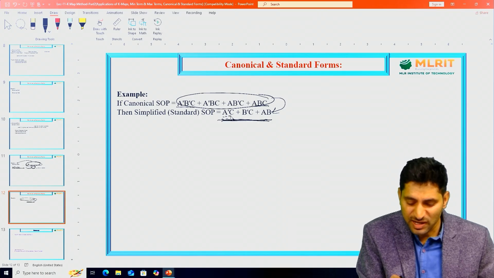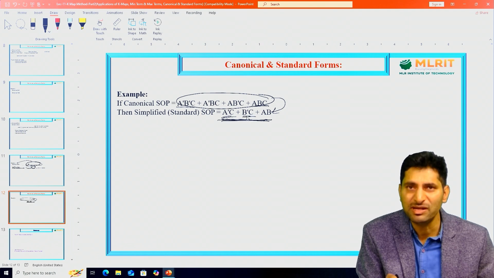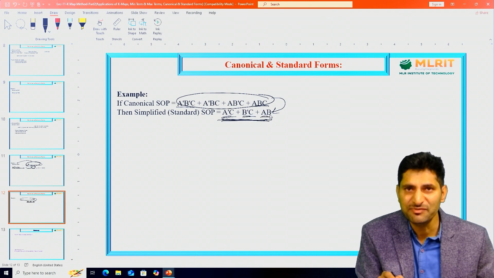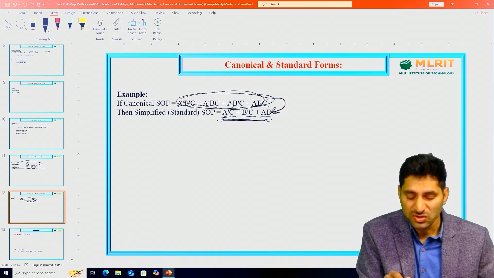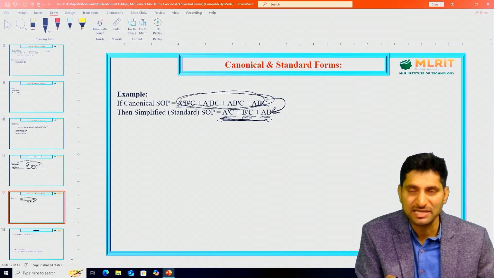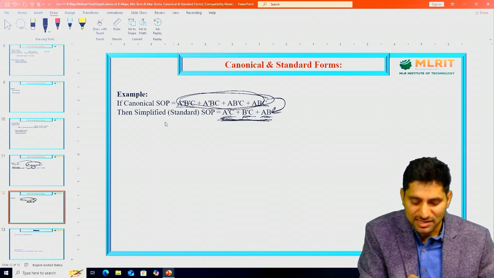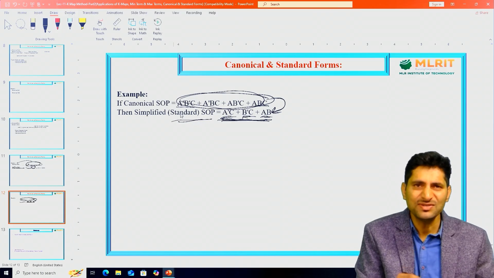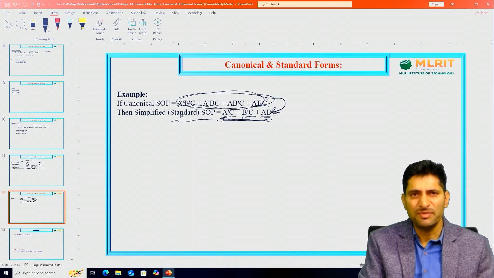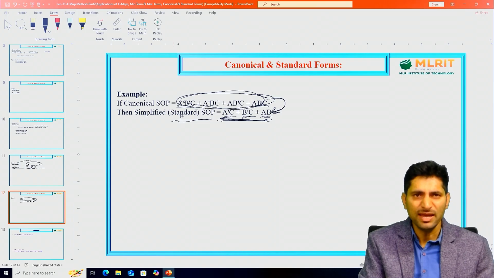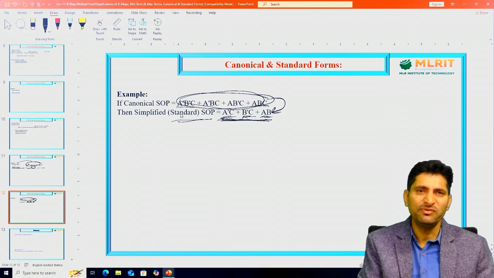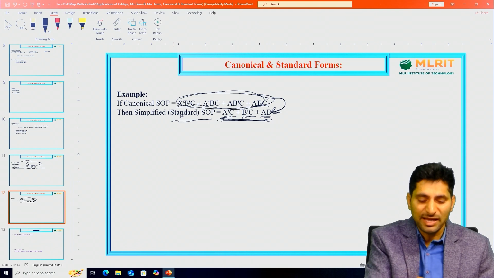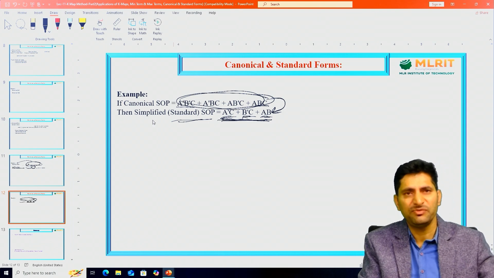In this first term, the B variable is missed, in the second term the A variable is missed, and in the third term the C variable is missed, because it is a simplified version of this canonical function. One of the input variables is missed, that is why it is standard SOP form. So what I mean to say is, standard SOP or POS forms are derived from canonical SOP or POS forms. In canonical SOP or POS form, all the input variables must be there, but in standard form, there need not be all the input variables.